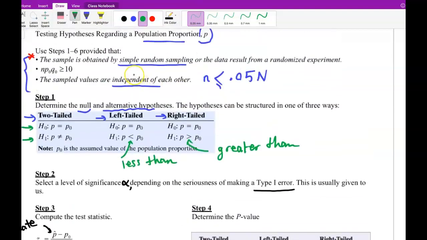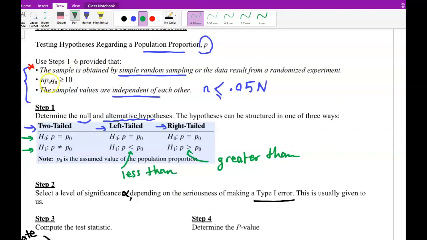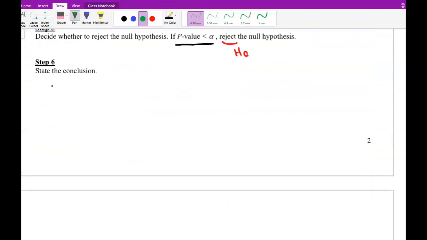Now, working on this part, n times p times q. I want to see if that is greater than or equal to 10 or not.